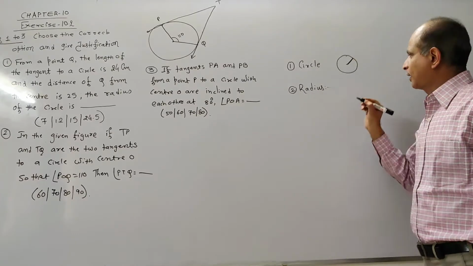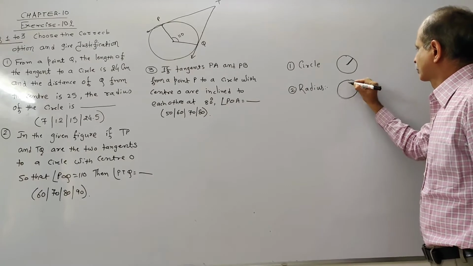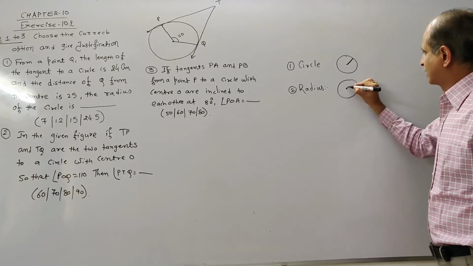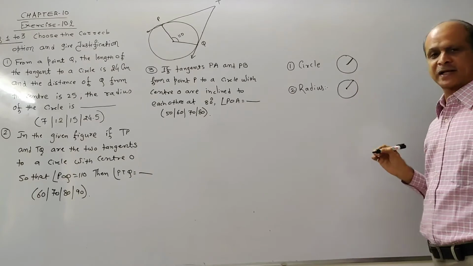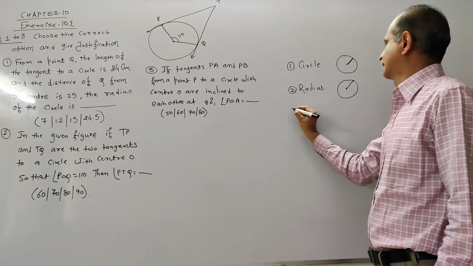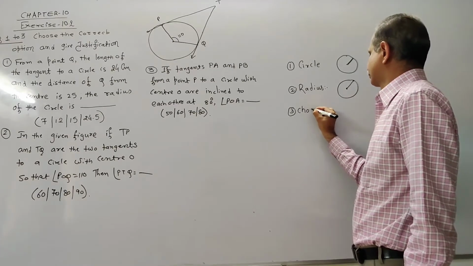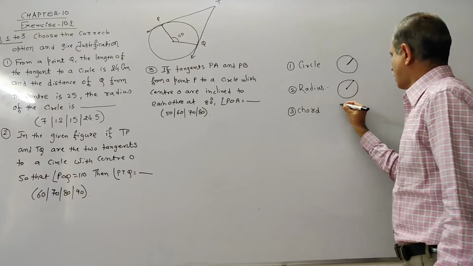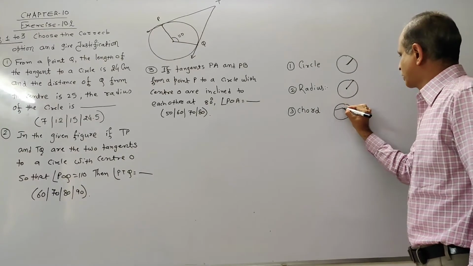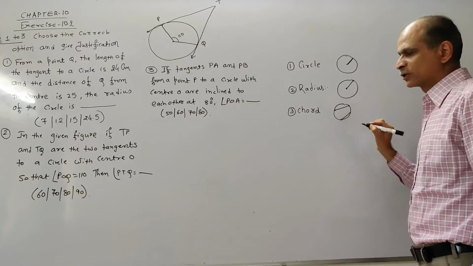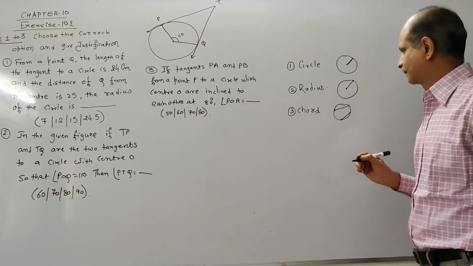As you know, a line segment whose one end point is the center of a circle and the other end point is a point of the circle is known as the radius of a circle. Then we discussed the third concept, the chord of a circle. A line segment whose both end points are points of a circle is known as a chord of a circle.